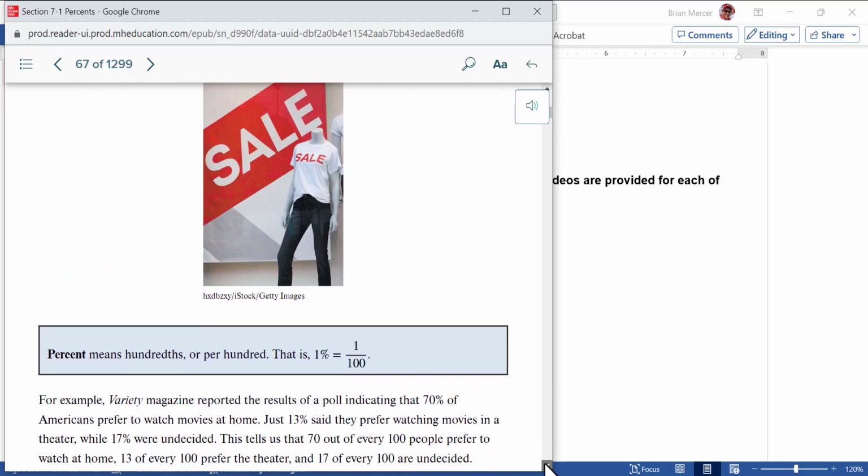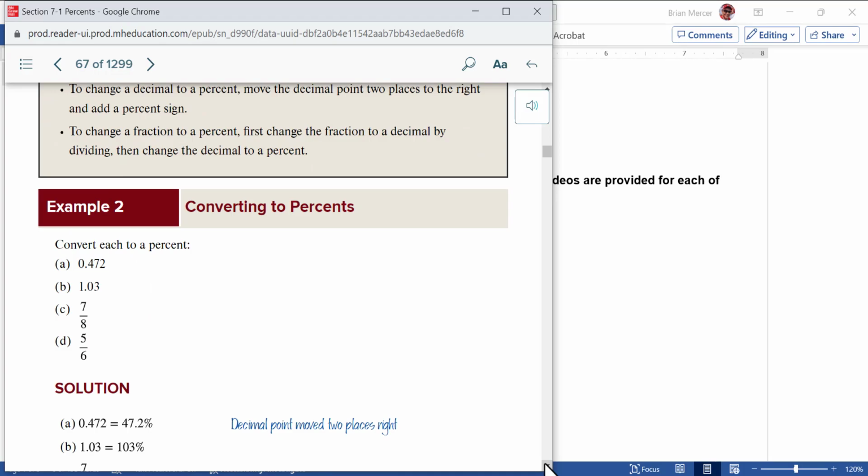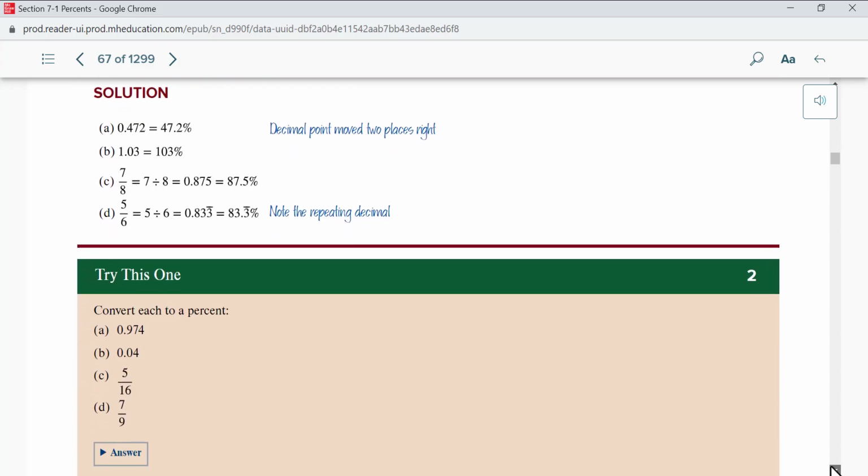You scroll to the end, there's a lot of helpful information. Read the examples, other things you might find helpful. Along with each example, you will see a practice question. It's called Did You Get It?